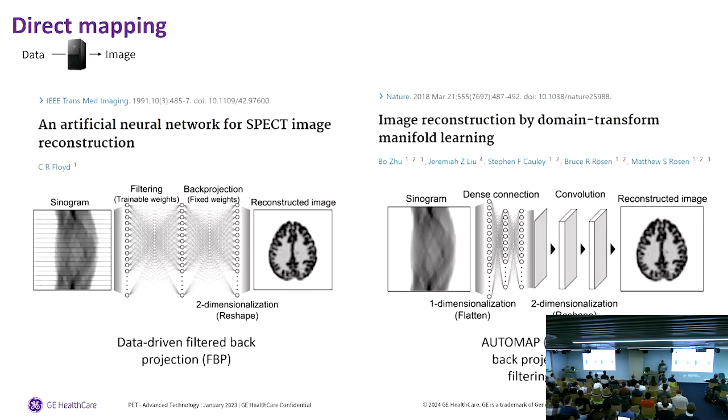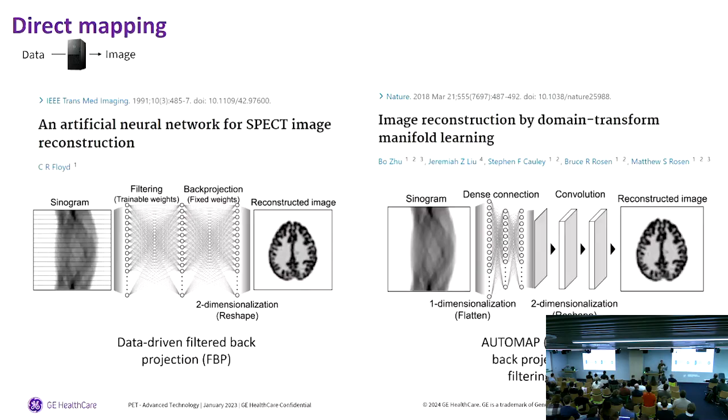For direct reconstruction, one of the early efforts was for SPECT image reconstruction, where you have your sinogram, and a simple 2-3 layer network tries to learn filtering and back projection. It's called data-driven filtered back projection.